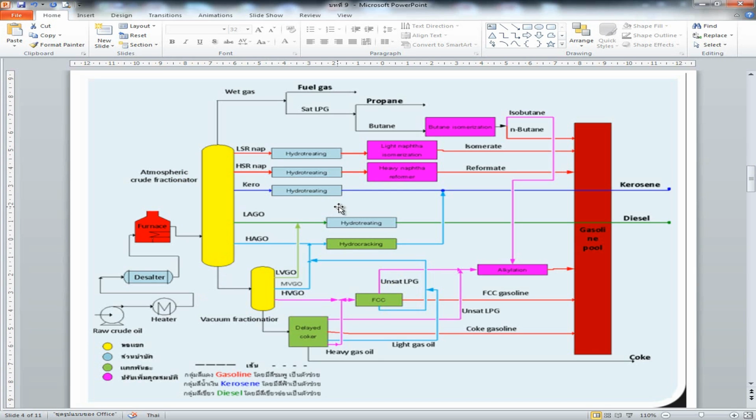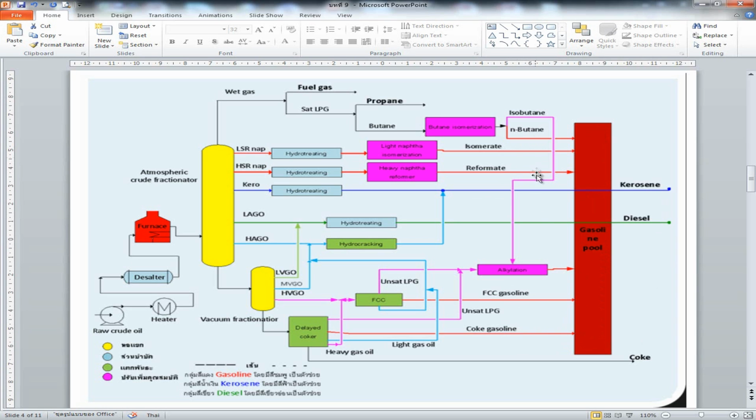Okay, we're back to visit this refining process again, and you will see that some C4 isomerate, reformate, alkylates, and FCC gasoline and coker gasoline will be mixed in the gasoline pool here.